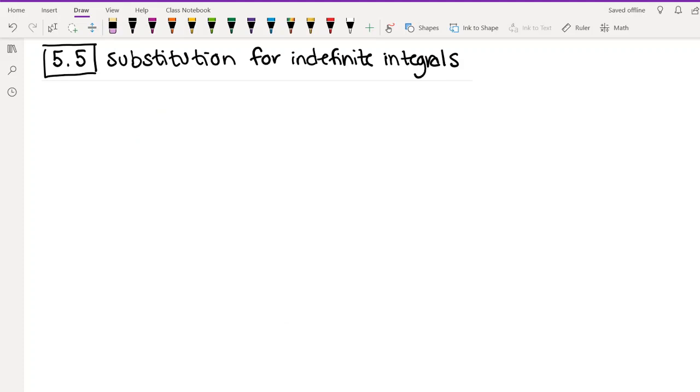So I want to start off with a warm-up example of just calculating a couple of derivatives real quick, because we'll see that substitution is almost like the backwards of the chain rule. I just want to make sure that you remember how the chain rule works. These are both pretty simple examples, but find the derivatives of the following functions.